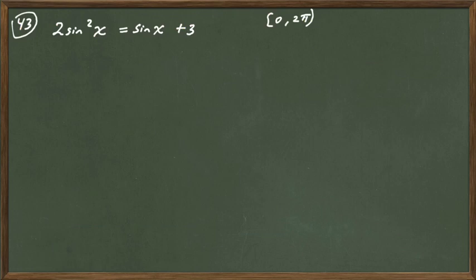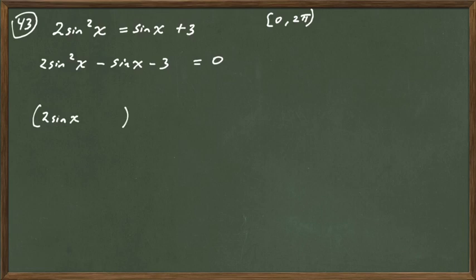Okay, how about 43? Again, I probably need to make it equal 0. So what am I going to do? I'm going to subtract sine x, subtract 3, and then it should equal 0. Then I'm going to factor it. Again, many times a trinomial factors into the product of two binomials.